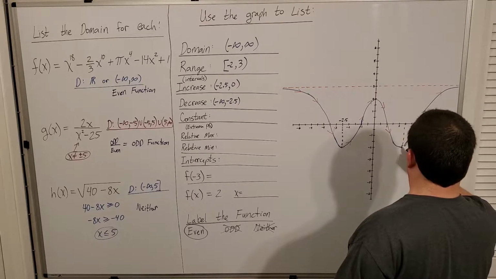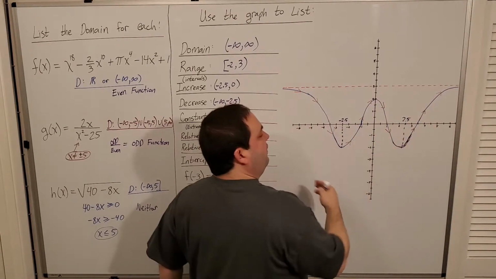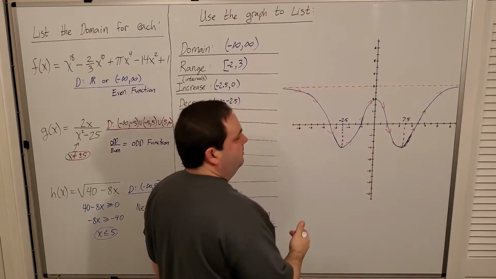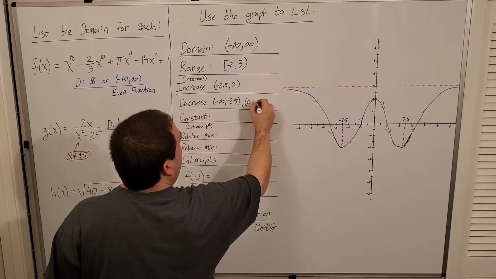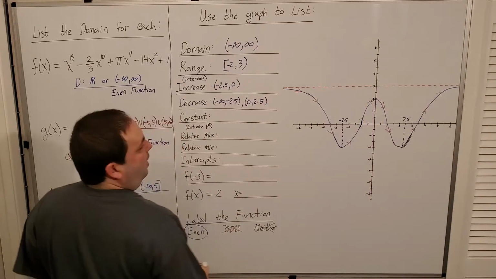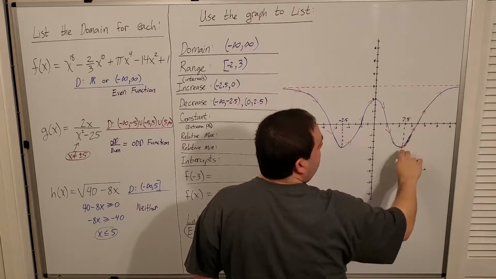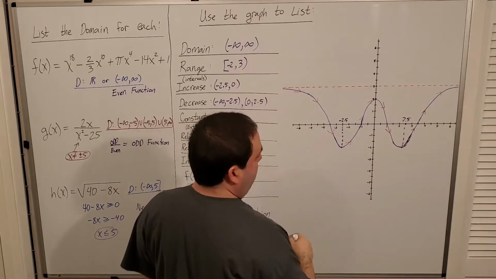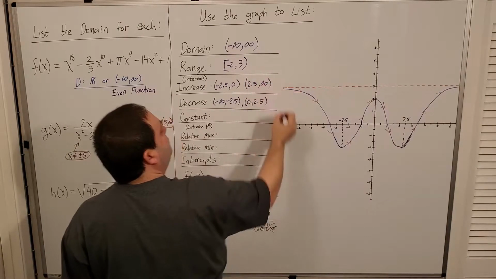I'm going to fix the graph in the wrong color. Sorry about that. It was supposed to be at 2.5 because it's supposed to be an even function. It's got to be the same on both sides. Okay, so it's decreasing again from 0 to 2.5, and then from here on up it's increasing. So 2.5 to infinity.